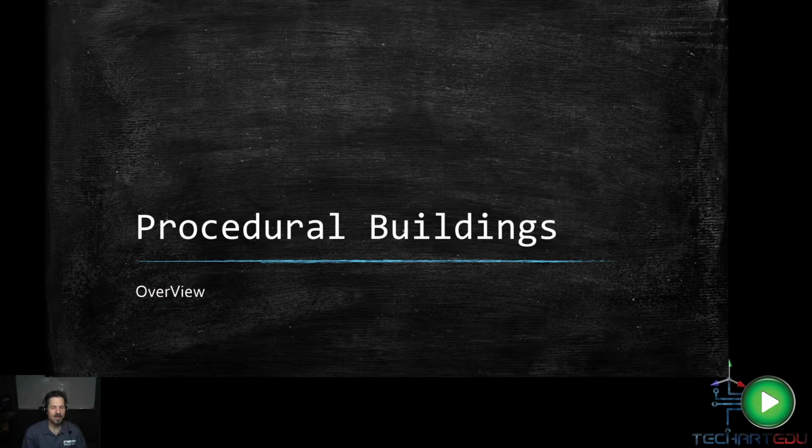Last week we started working on procedural buildings, and we were working with the Houdini SideFX Labs procedural building creator. That is a really cool tool, and hats off to the folks who created it. They really worked hard to put that together, and they created something very good and very functional.